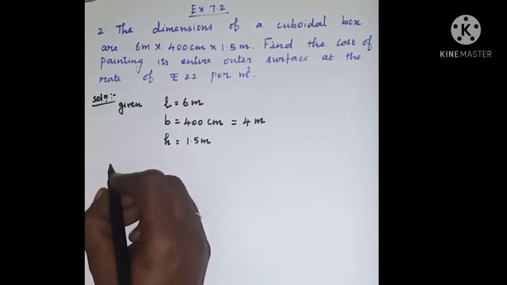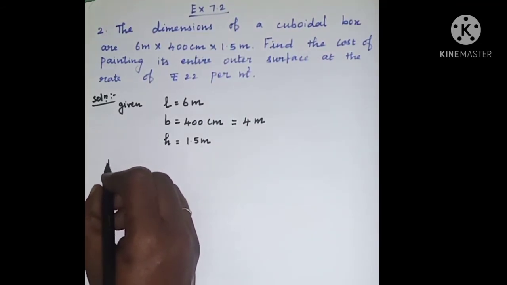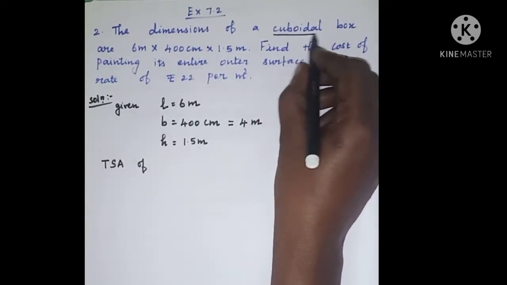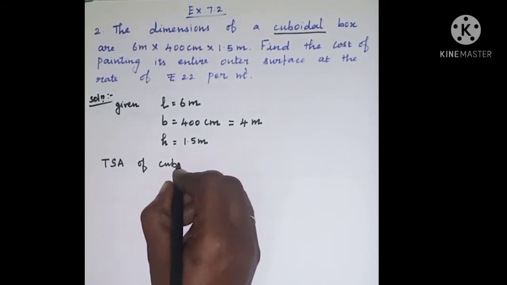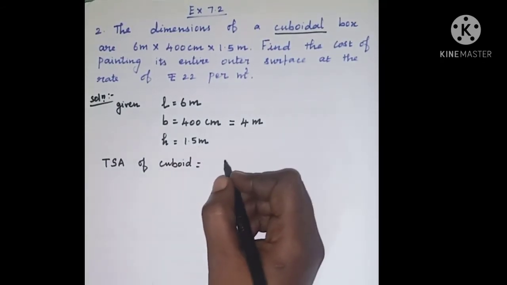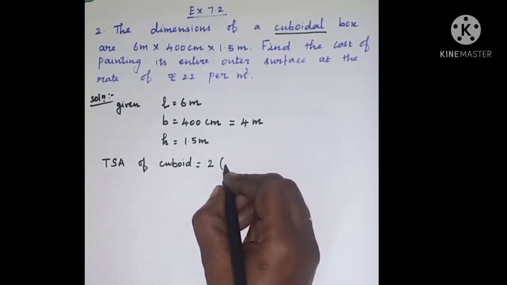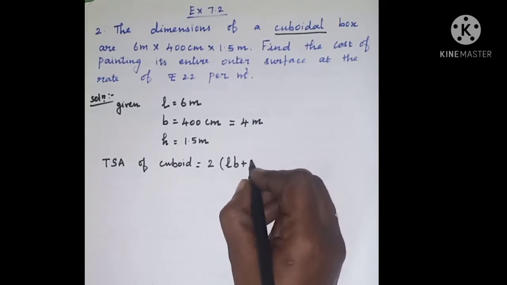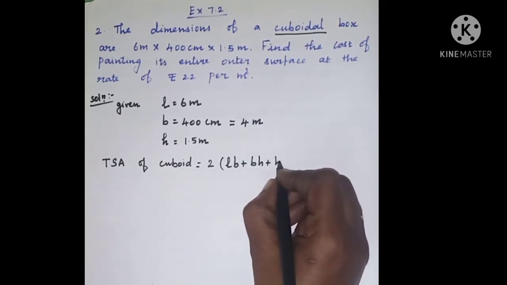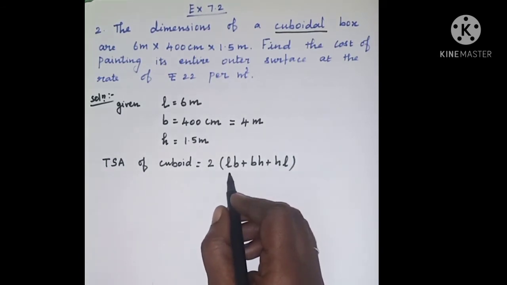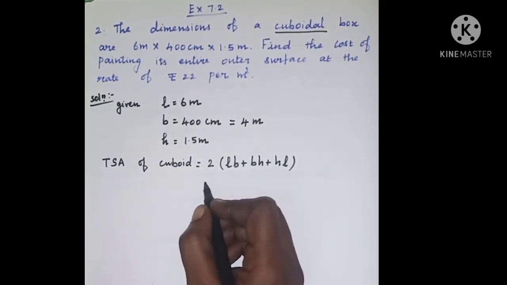Now let us find the total surface area of the cuboidal box. What is the formula? Total surface area of the cuboid is equal to 2 into (LB plus BH plus HL). This is the formula to find the total surface area of the cuboid. Now we have to substitute the values of L, B, H in this formula.